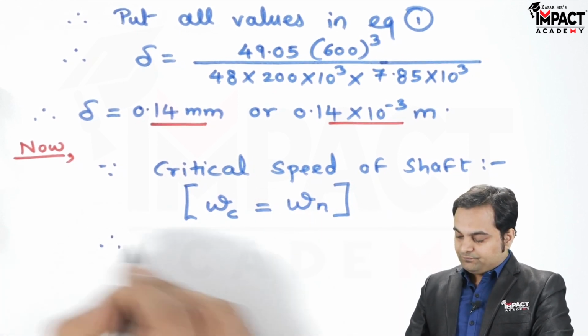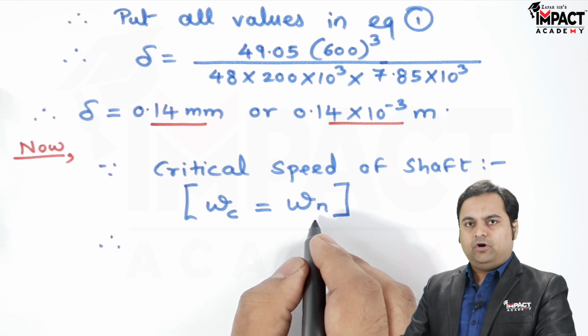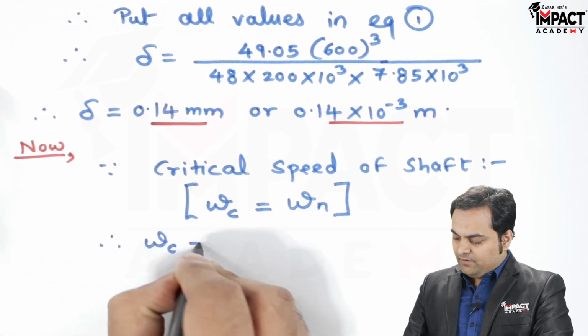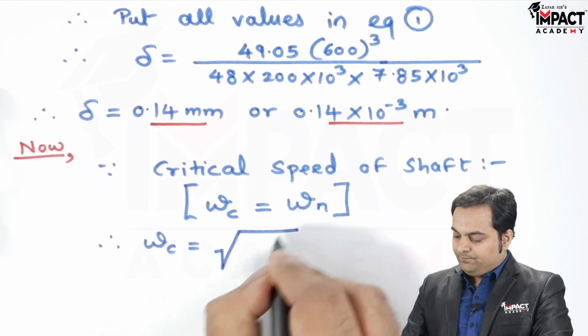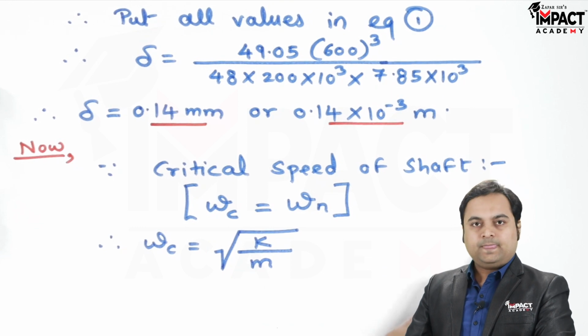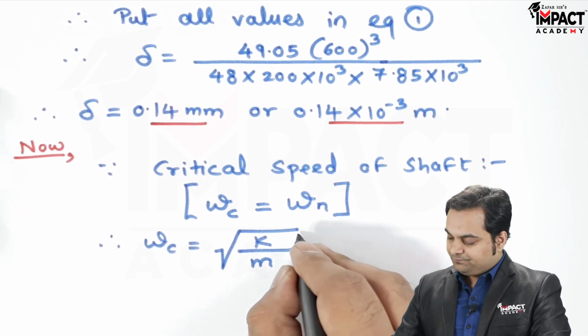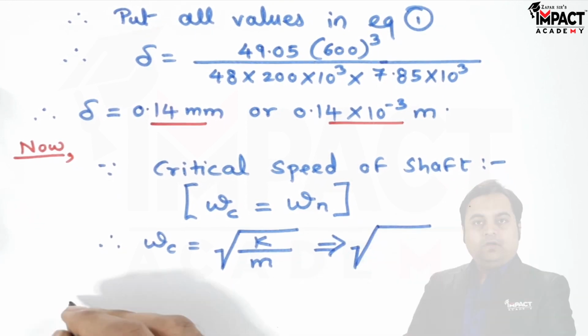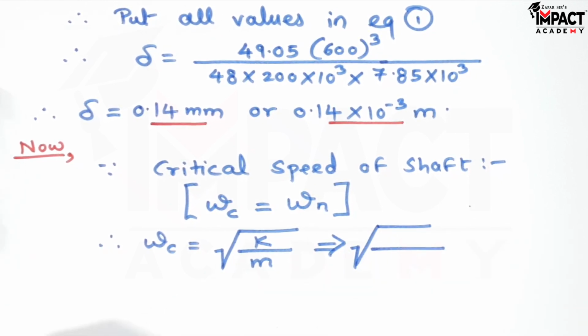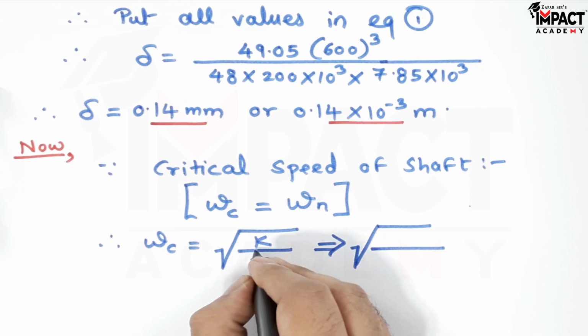Or we can say the natural frequency of the disc. So this critical speed would be given by the formula of natural frequency, which is root of k by m, where k is the stiffness of the shaft.